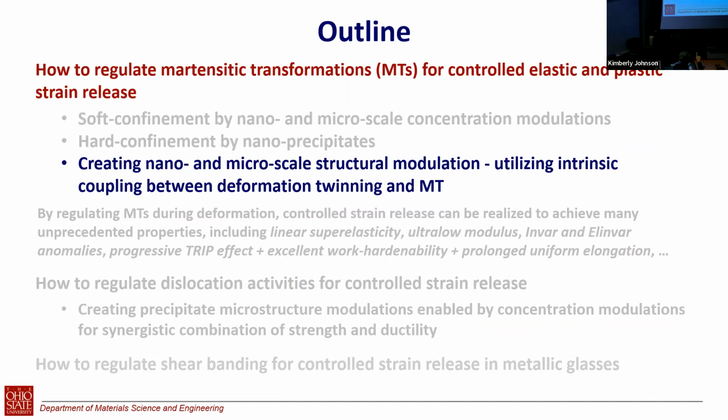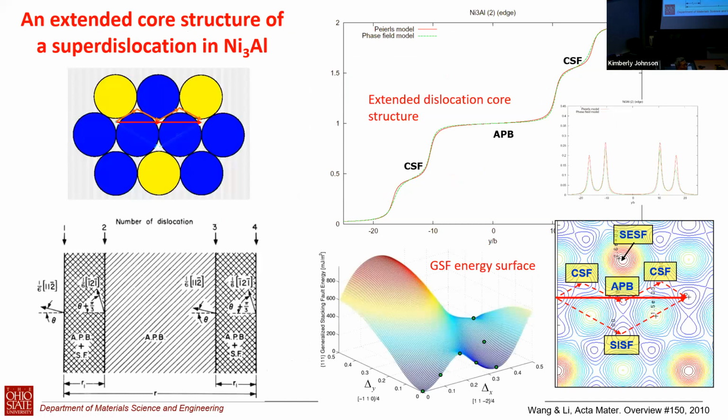This one is a very interesting crystallographic coupling between the martensitic transformation and deformation twins. So this is really interesting. I just want to remind you, if you have a dislocation in an ordered phase, for example Ni3Al, that's the 1-1 atomic planes. You have different types of atoms, nickel and aluminum.